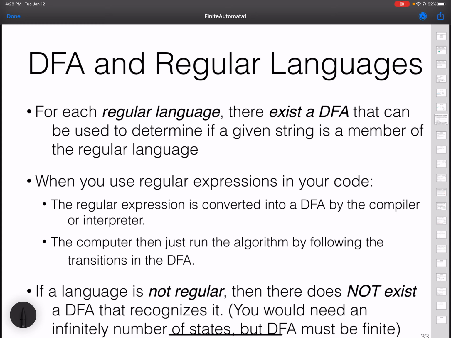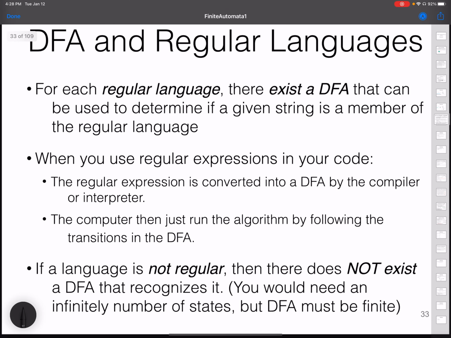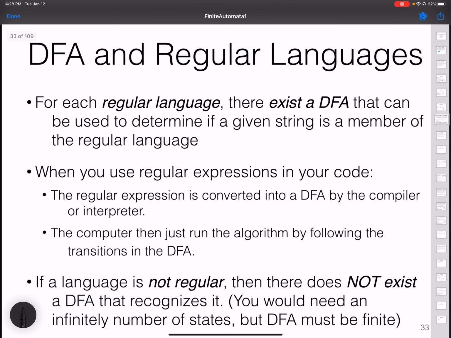Okay, so I think we have already talked about the fact that regular languages are going to be represented using deterministic finite states. And this is important.